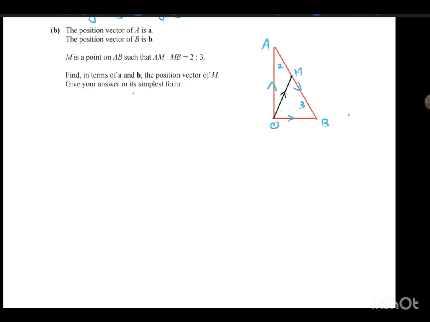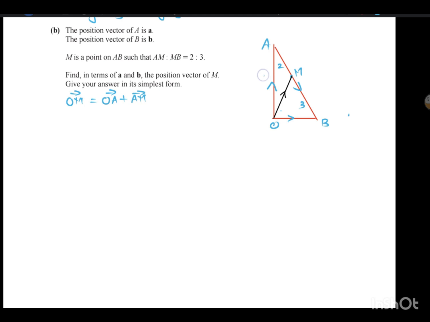For OM, we can do OA plus AM. Let me write that first. OM is equal to OA plus AM. Now we don't know what AM is.